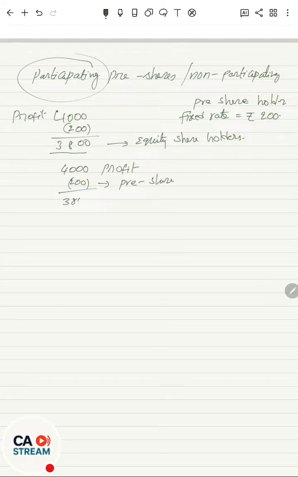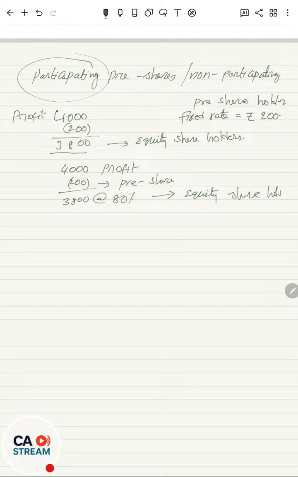Next, the remaining 3,800 rupees. Out of this 3,800 rupees, 80% goes to whom? Equity shareholders.